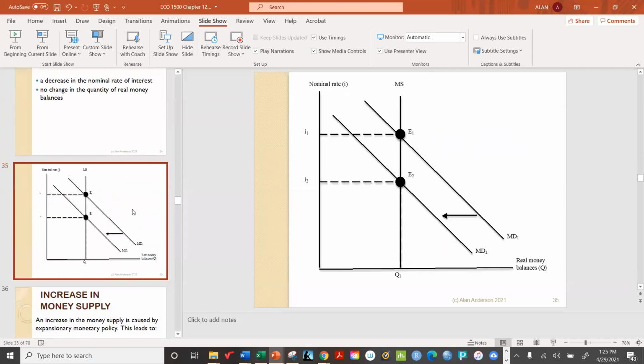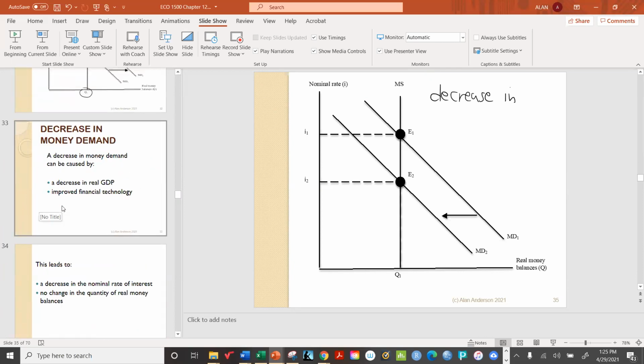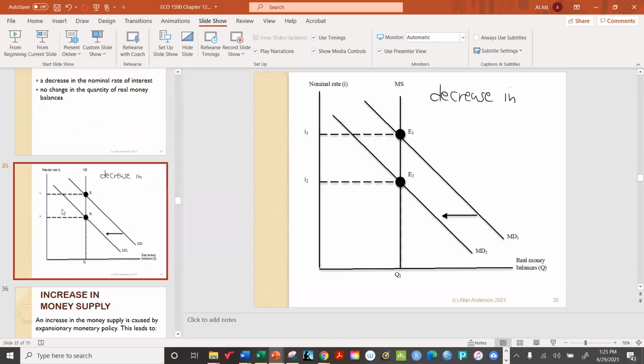So let's look at that graph. And this could be what's happening. Let's say there's a recession. And so naturally enough, the interest rate drops in this case.